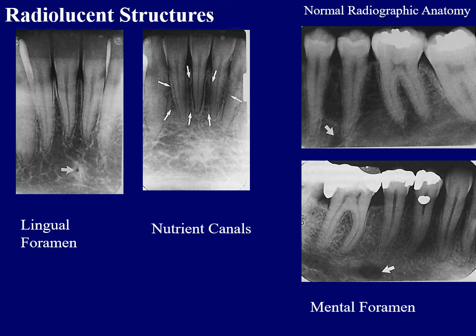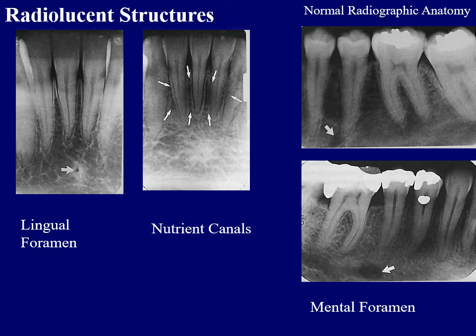The third image seen on the slide is the mental foramen. Mental foramen usually limits the anterior part of the inferior dental canal, and that is usually seen on periapical radiographs. It is identified only about half the time because the opening of the mental foramen is directed superiorly and posteriorly.